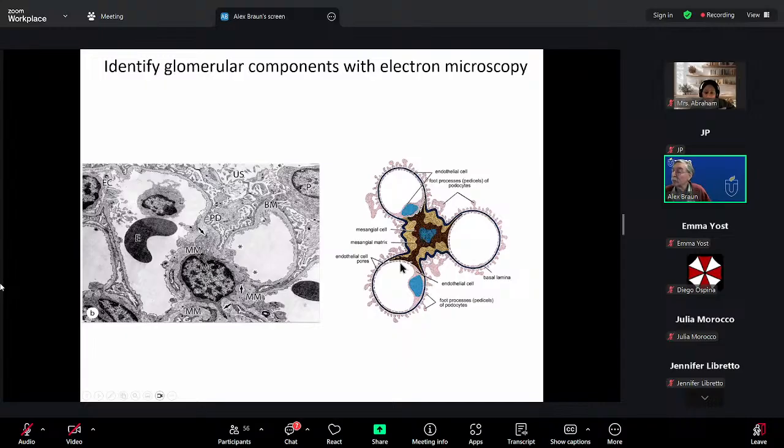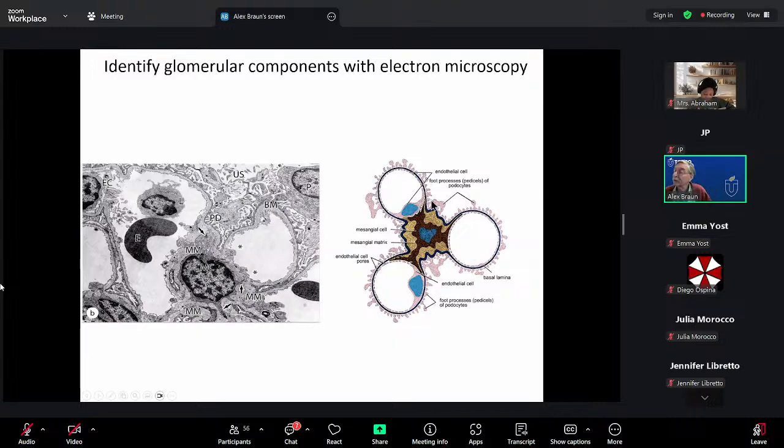Each capillary loop has a wall consisting of three major elements. On the inside of the capillary wall is the endothelial cell. In the middle of the capillary wall is a layer, which is the glomerular basement membrane. Here's the glomerular basement membrane. On the outside of the capillary wall is the visceral epithelial cell or podocyte, forming primary processes and then pedestals.